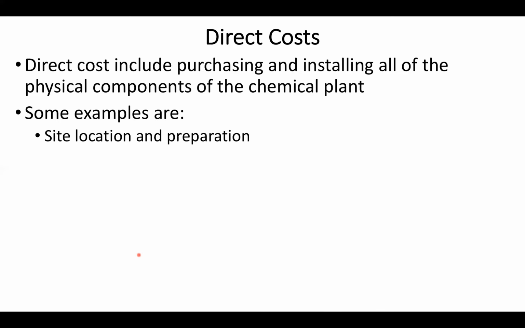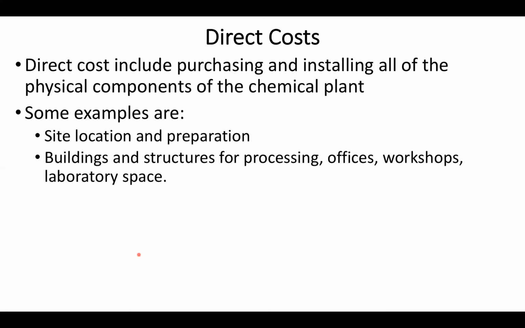So of course, we need to buy a building and we need to go ahead and prep it. So this might be, say, demolishing what was previously there, or just leveling the ground, or potentially just digging a whole bunch of trenches to lay down water lines. Because don't forget, with a lot of chemical plants, you're going to need a lot of water. Then we, of course, need all of our buildings.